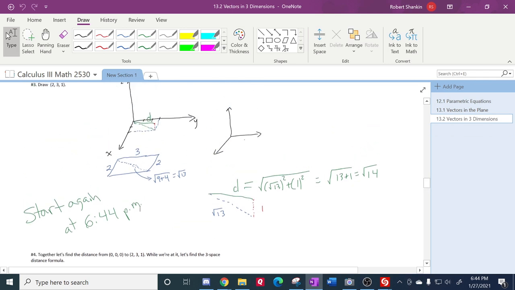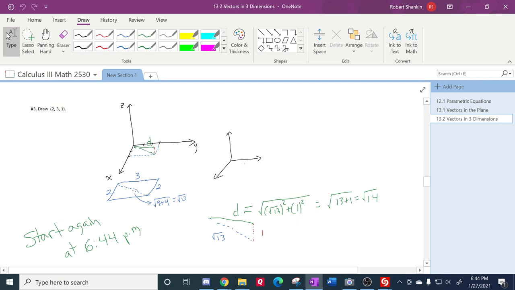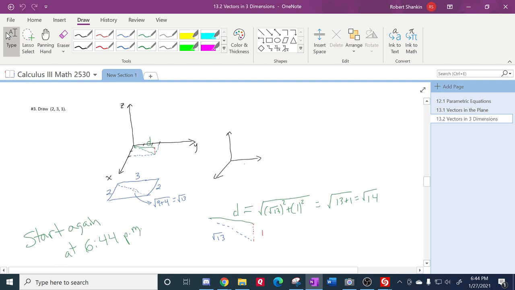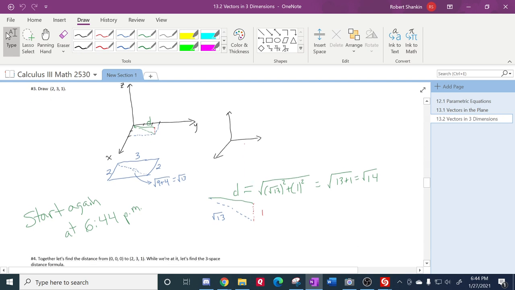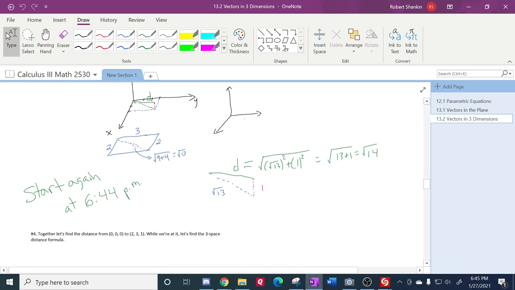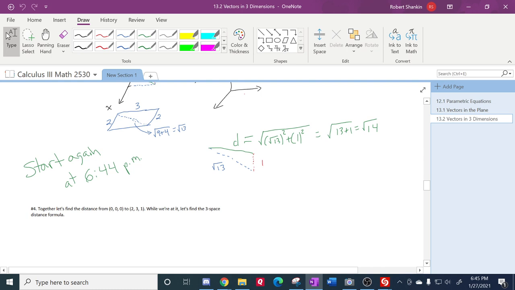Okay, so does anybody have anything to share about finding the general three-space distance formula? This is Rowan. I think it's really similar to the two-dimensional distance formula, but you add another term, which is z, like z2 minus z1 squared.